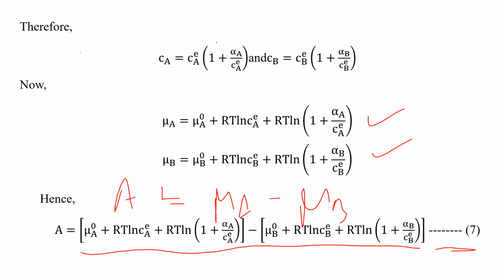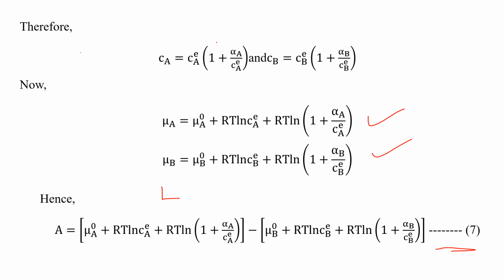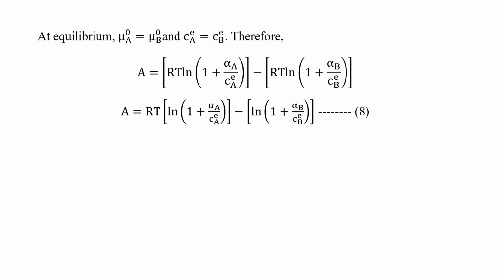Now we are moving to the next slide, equation 7. Here you can see that at equilibrium nu A naught is equal to nu B naught, and concentration of A at equilibrium is equal to concentration of B. So all the values will get cancelled.